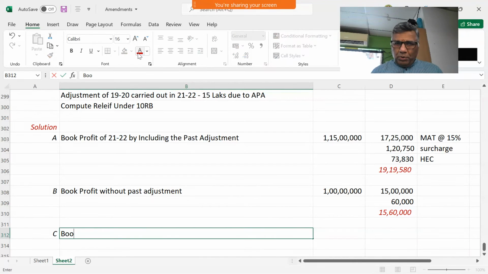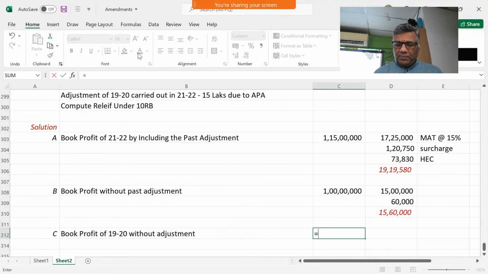Book profit of 1920 without adjustment, as it is.